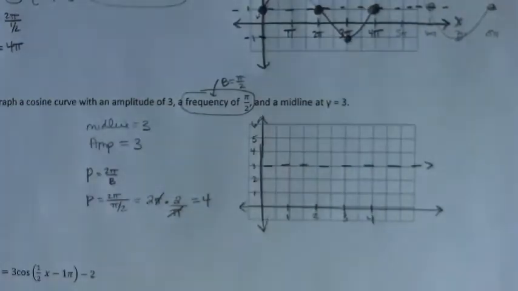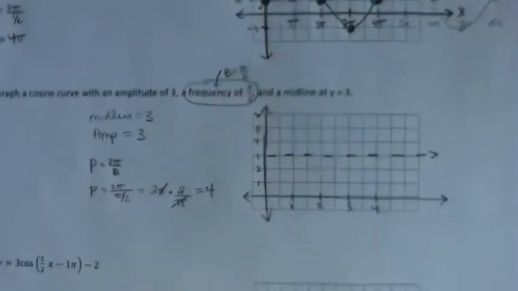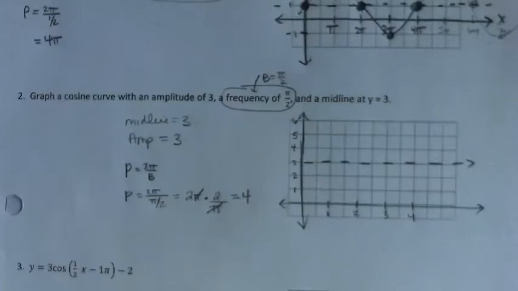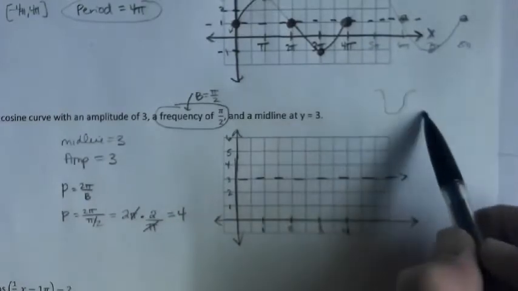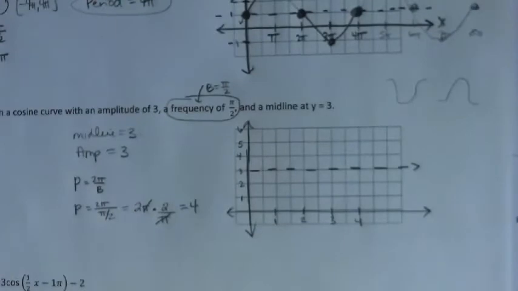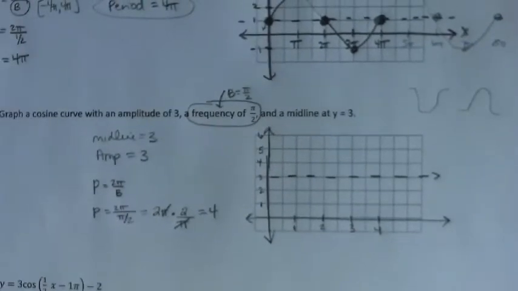Now this is a cosine curve. Is it a positive or a negative cosine curve? What makes you say that? That doesn't have anything to do with the positive or negative cosine, because there's a positive cosine curve and there's a negative. You can't tell.